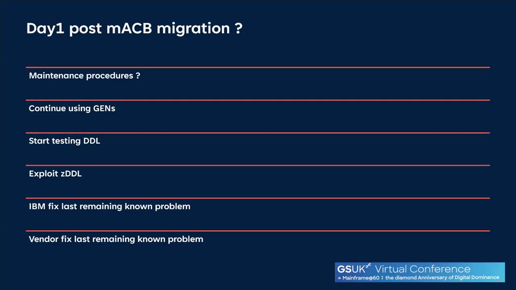It does not require ODBM and the IMS Connect address space, and you can simply code up the DDLs and start testing. There are a lot of utilities, including vendor utilities from BMC, which can show you, if your old DBD source or PSB source look like this, what the DDL equivalent will look like, and vice versa. If you want to convert from DDL to the original DBD source and PSB source, you can always do that and compare. So start testing, start embracing DDL.